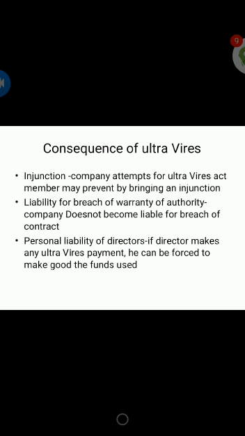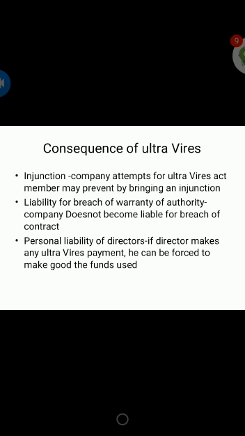So what happens? Person XYZ is a director, ABC is the company, and PQR is a third party. The company is not going to give any powers to XYZ which are beyond the memorandum.